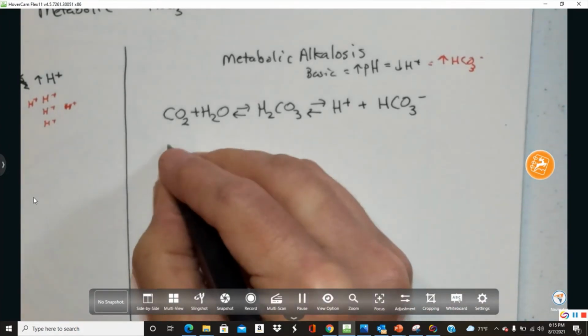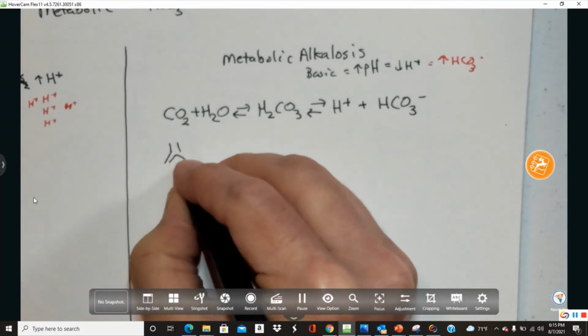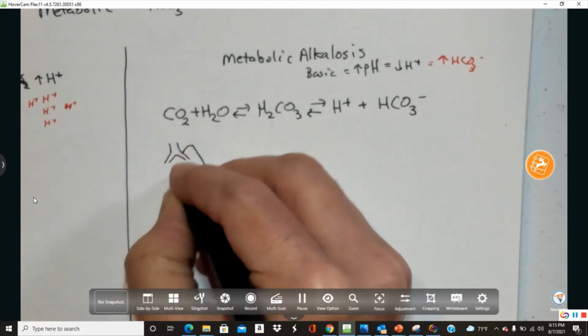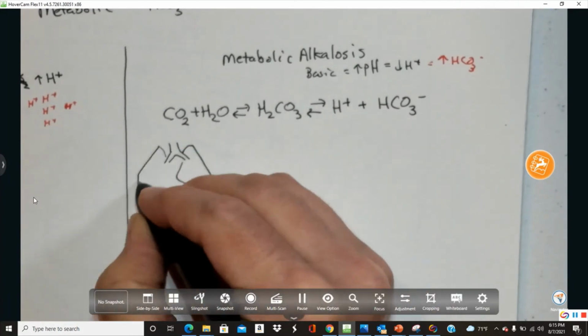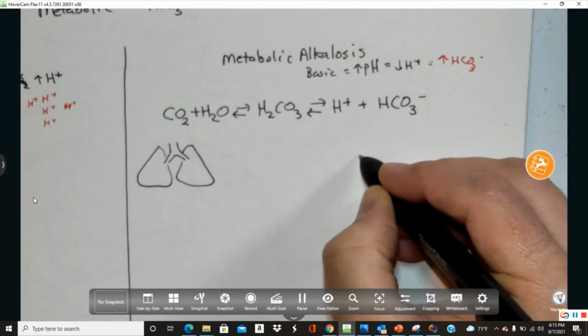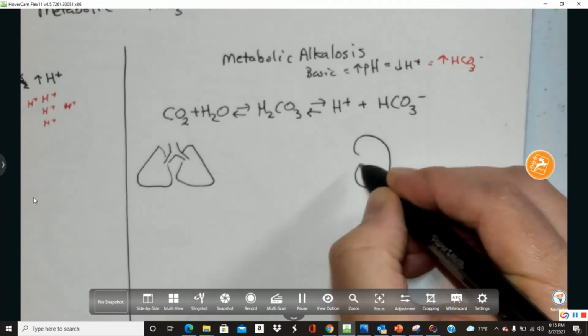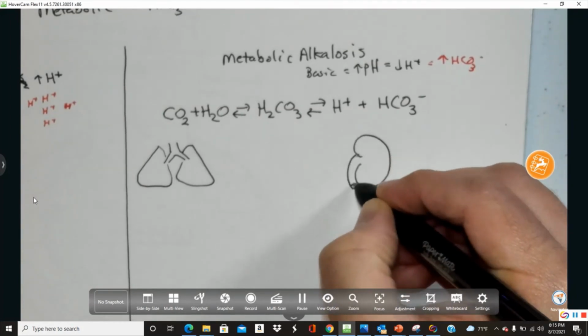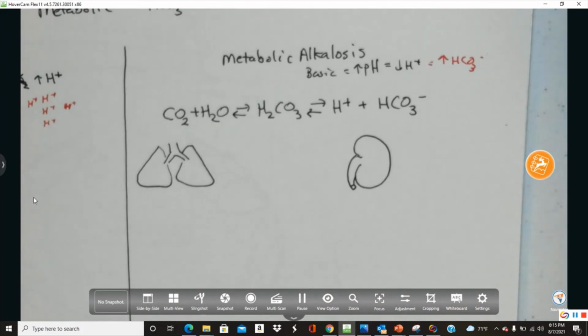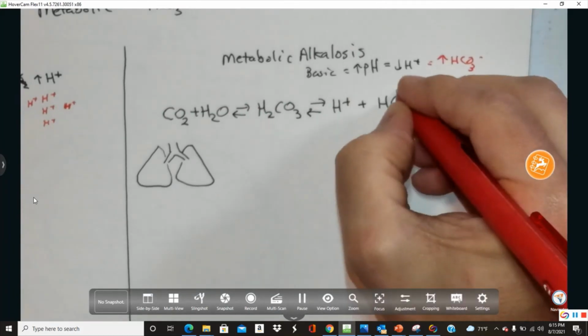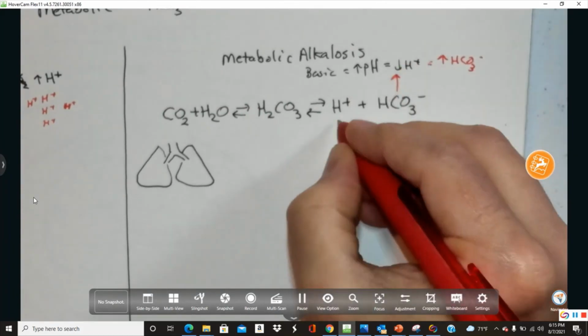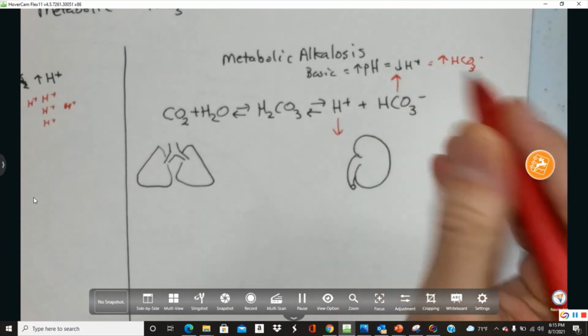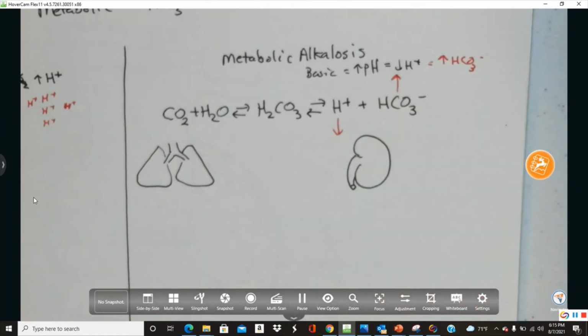As you write this out, make sure you put your lungs under there and your kidney under that, so that you know physiologically what's happening. In this case, we have a high level of bicarb, which also means hydrogen ions are low. This can be caused for a few reasons.